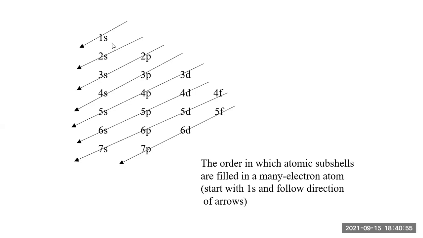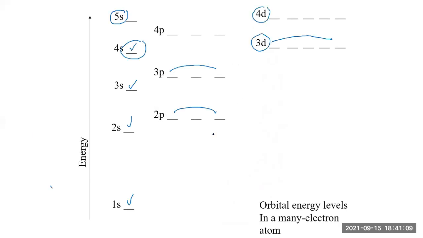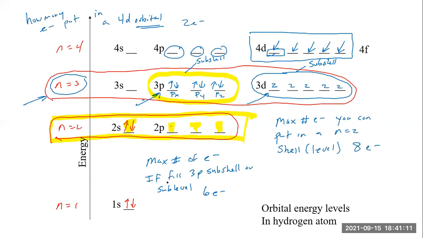The way this is very easy to do is, if you ignore my scribble, on the first energy level we have s orbitals, and s orbitals on every energy level after that.